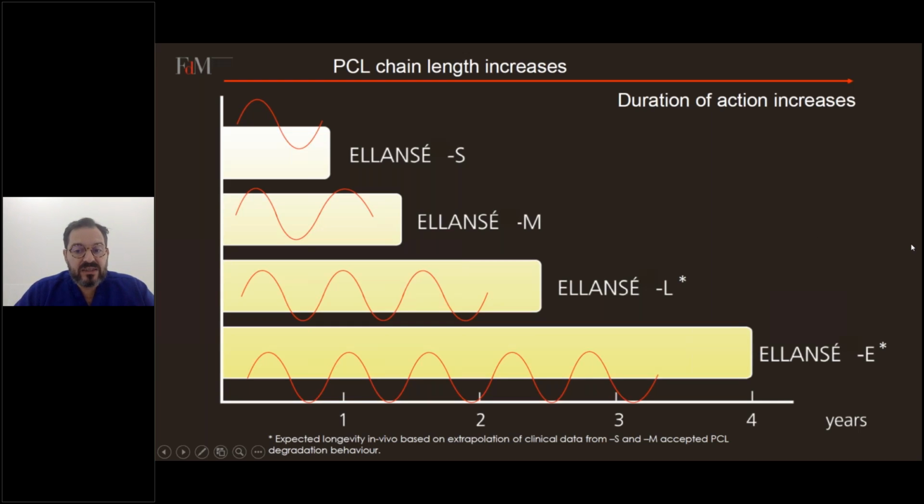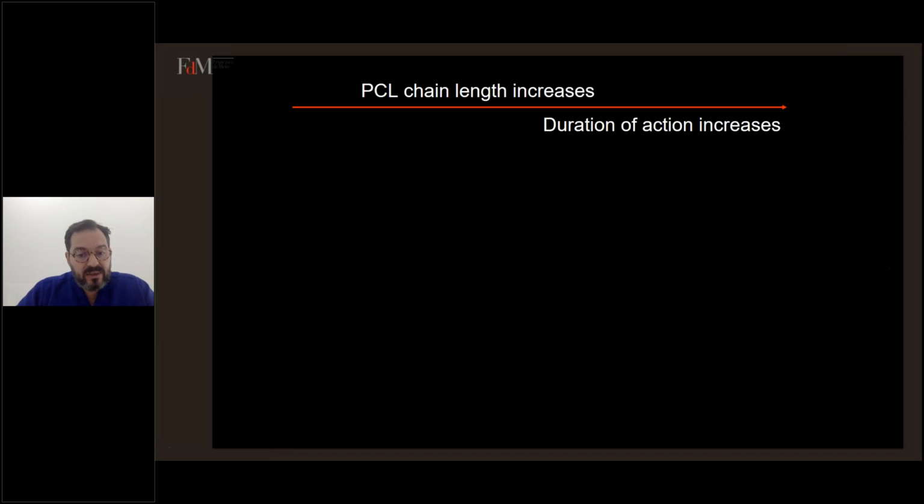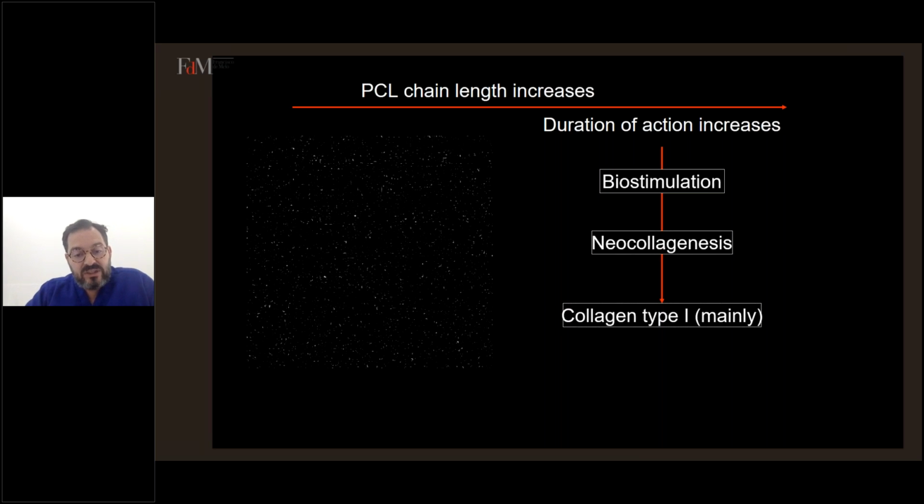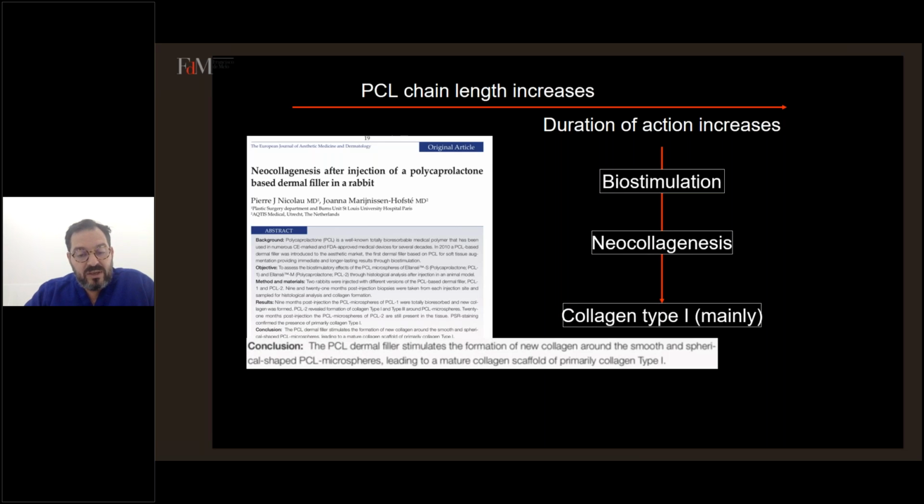So let's move to the next slide, please. And what happens with polycaprolactone is you are mainly going to produce collagen type 1. Collagen type 1 increases the long-lasting results and the quality of the results, instead of collagen type 3, which is mainly inflammatory collagen. This is proved; there is a paper published on that by Dr. Nicolau.